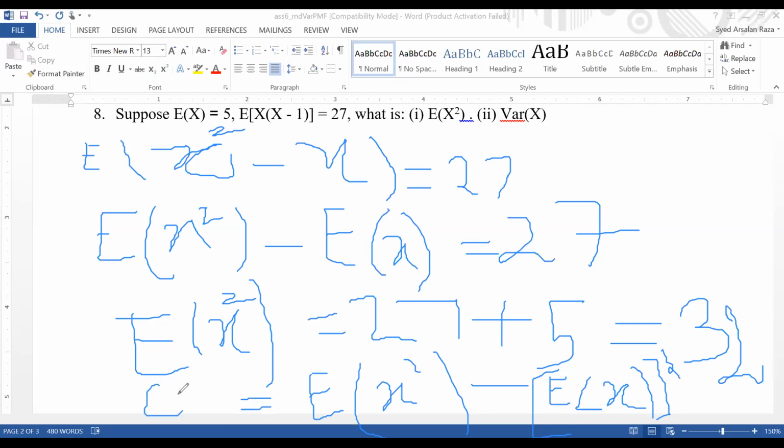We can represent this as the variance of X. 32 minus 25, that is the answer of this part. The variance and mean can be computed by expectation as we have given in this problem.